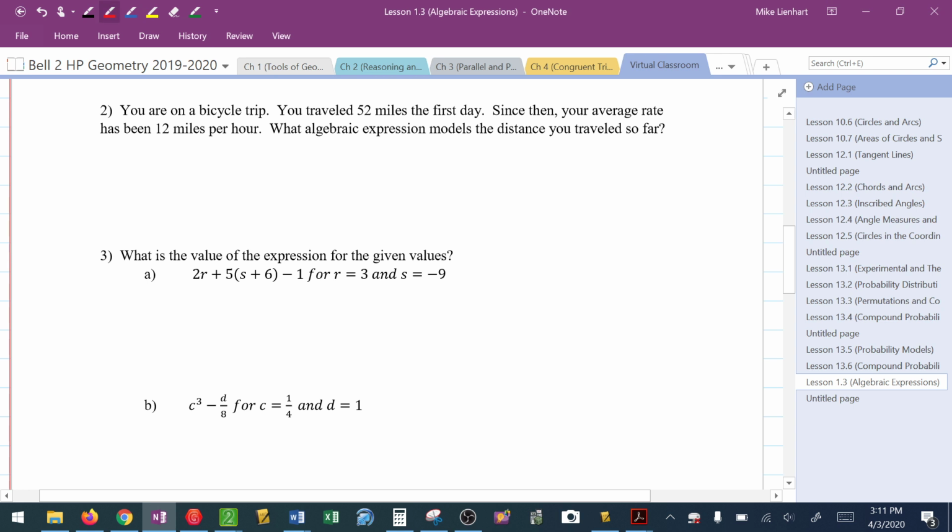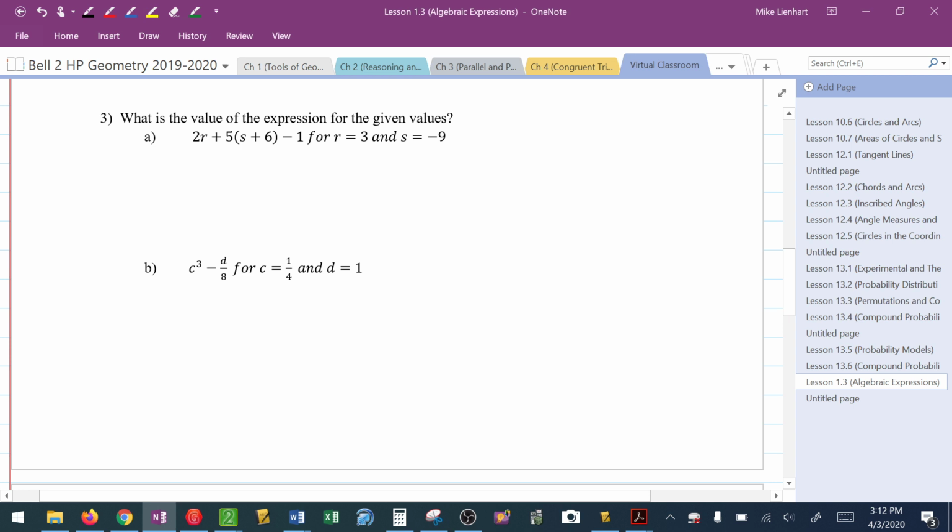All right, so I know that my distance that I have traveled so far is going to be 52 plus, I'm going 12 miles per hour, so I'm going to say 12t, which would tell me every time that I go 1 hour, that's my t, I'm going to travel 12 miles. That's what 12 miles per hour stands for.